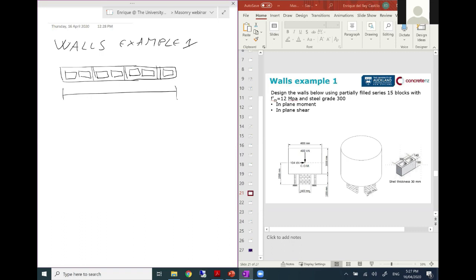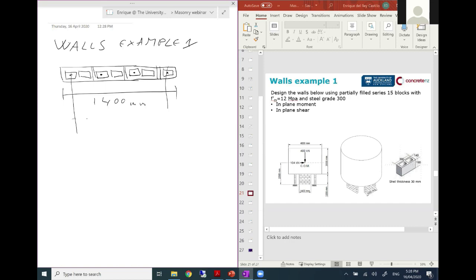The total distance is 1400 millimeters. And we are going to try to do partially grouted first, just for the sake of it. We're going to try and see what happens. So we're going to have one bar there, there, and there. So we have 4 bars and 4 grouted cells and 3 that are going to be sitting empty.